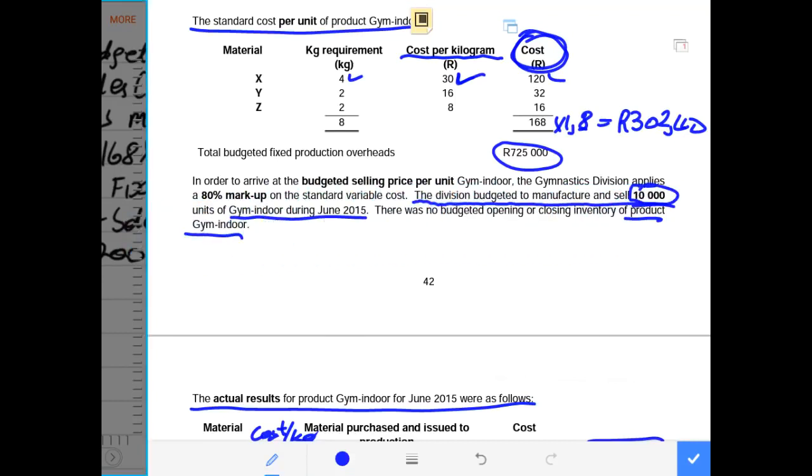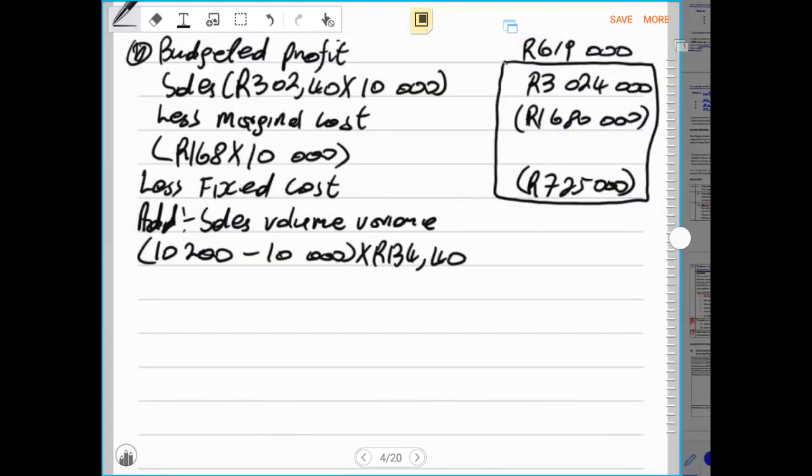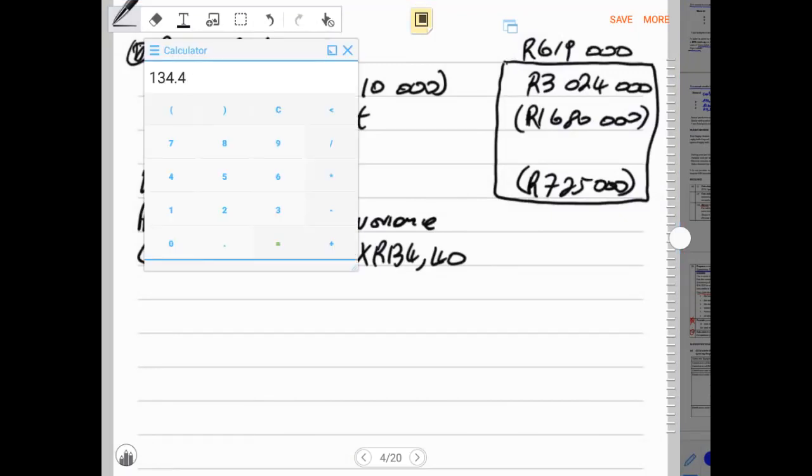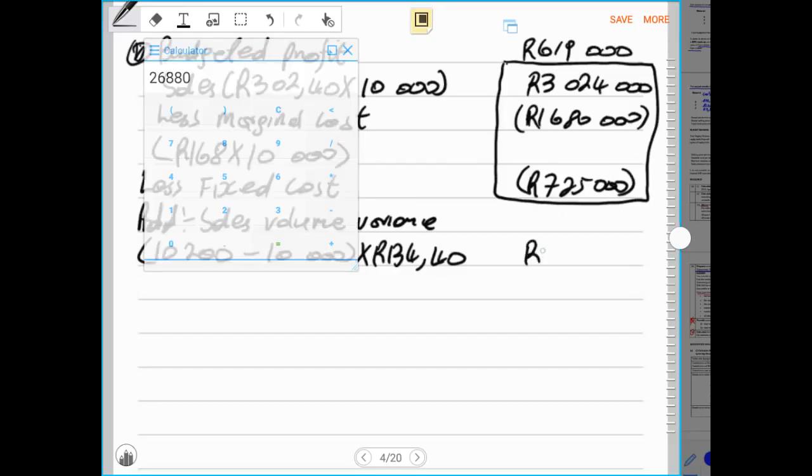And we multiply our sales volume by the contribution per unit. So we say contribution per unit times 200, because the difference between the two is 200. This gives me 26,880, and this variance is favorable.